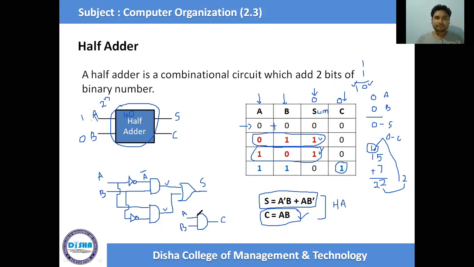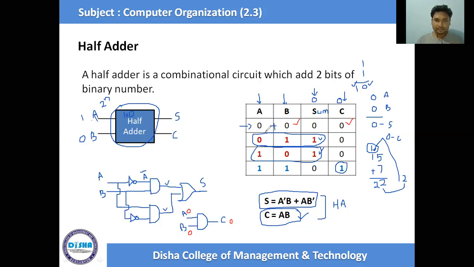When I give A equals 0 and B equals 0, what is the value of C here? The C must be 0, because in AND operation A is 0, B is 0, the output is 0.